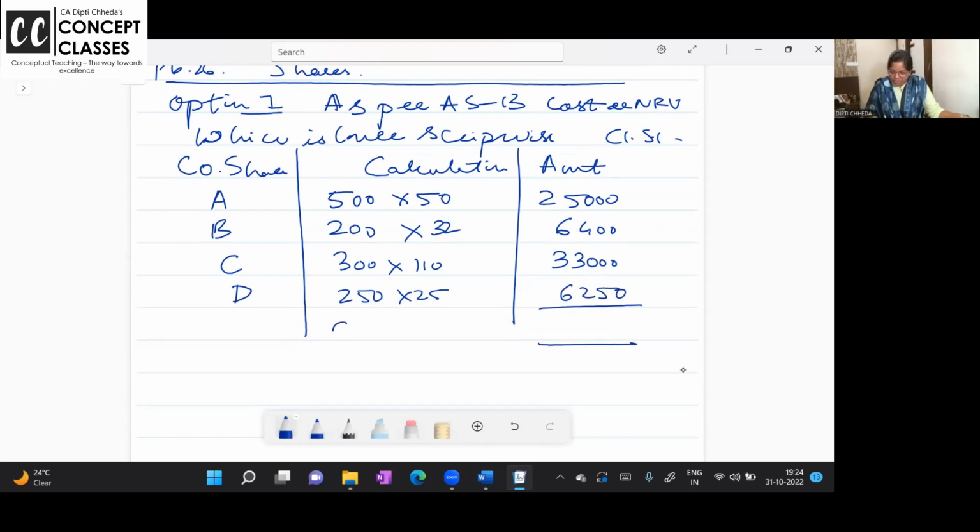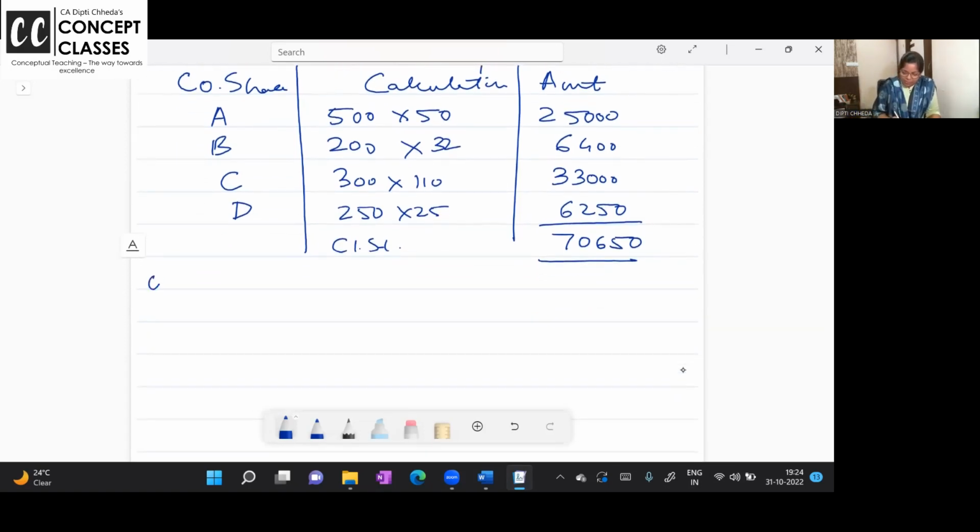So what is the closing stock on the credit side of your trading account? You are trading in shares. Cost or NRV, whichever is lower, script wise. 70,650. Any doubt? Anyone in the class?